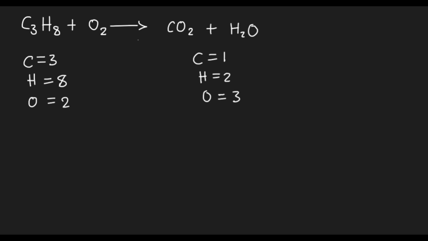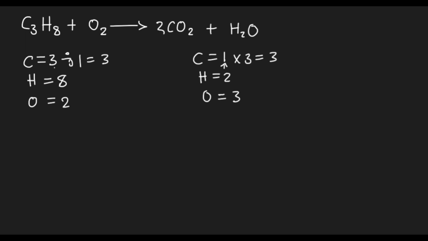Now what is the first atom that we are supposed to balance here? It is carbon. So how can we balance carbon? We take 3 and divide by 1, which is 3. So it means that we need to multiply by 3 so that we get 3.